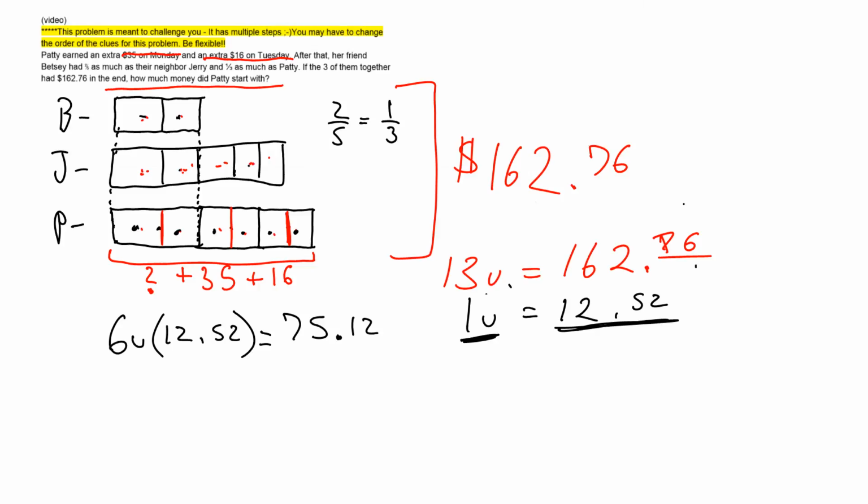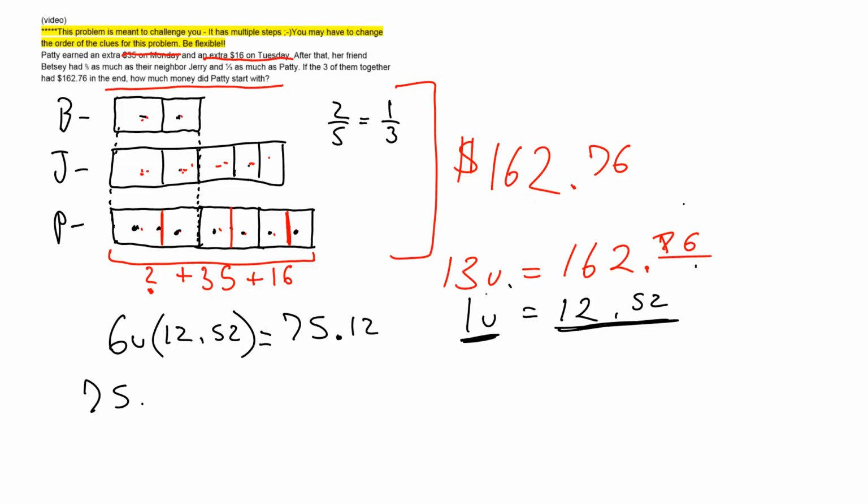$75.12. Now, we also know that she gained some money on Monday and Tuesday. So if we deduct the amount of money that she made on Monday, and we deduct the amount of money that she made on Tuesday, we should end up with the amount that she started with. So let's go ahead and do that.